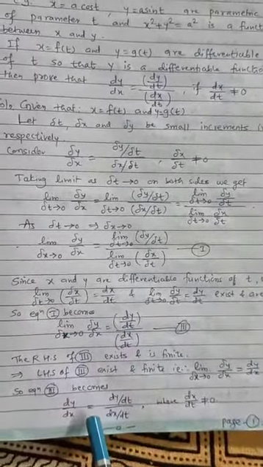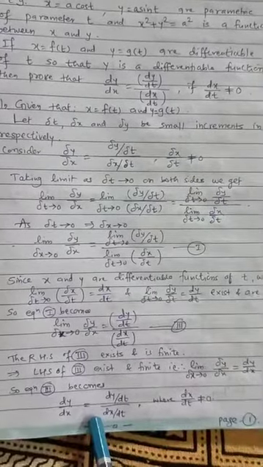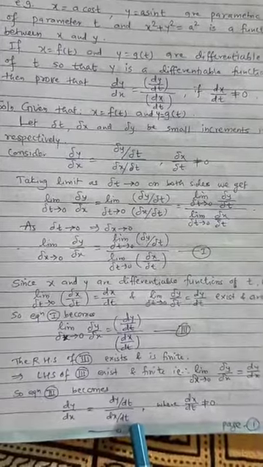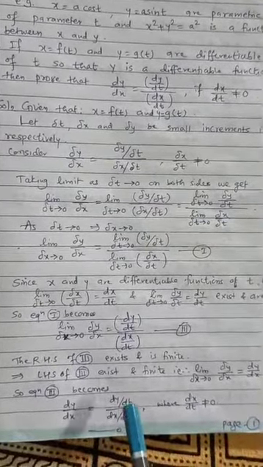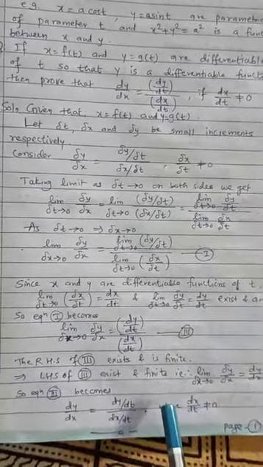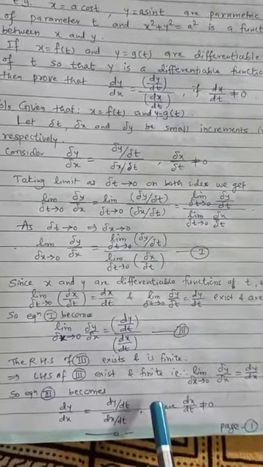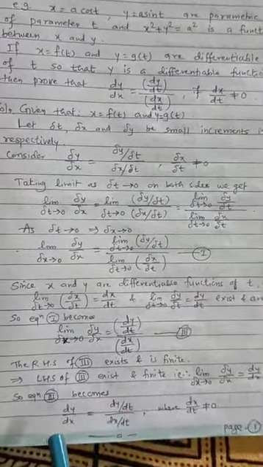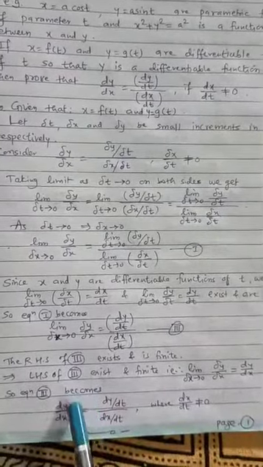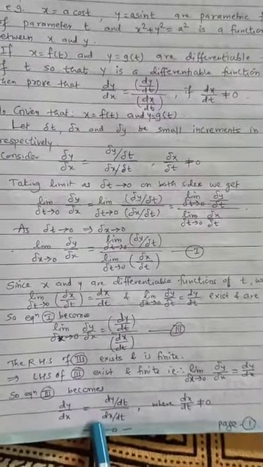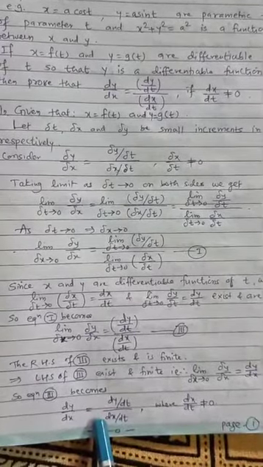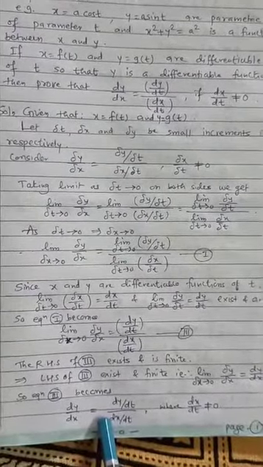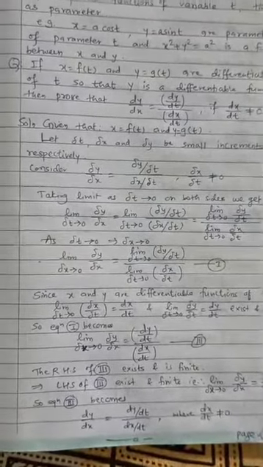We got dy upon dx is equal to dy upon dt divided by dx upon dt. So that is the proof of the derivative of parametric functions, or the proof for the rule dy upon dx is equal to dy upon dt divided by dx upon dt.